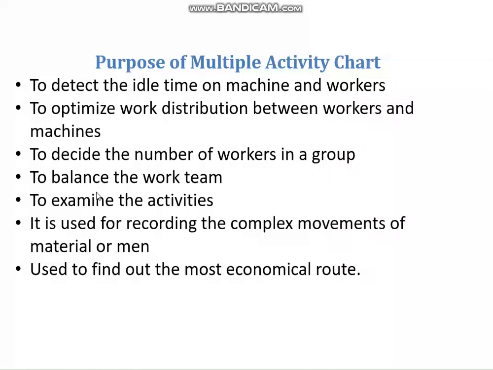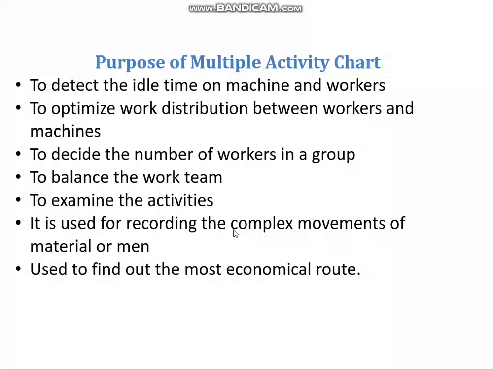Then, to balance the work team, if you want to balance it, in the team the men also, and to them some machines also you can give, and you can balance them. And then to examine the activities of workers or the activities of the machines.